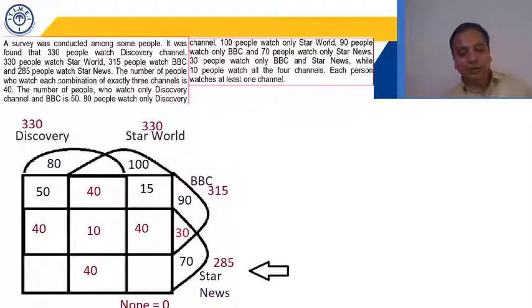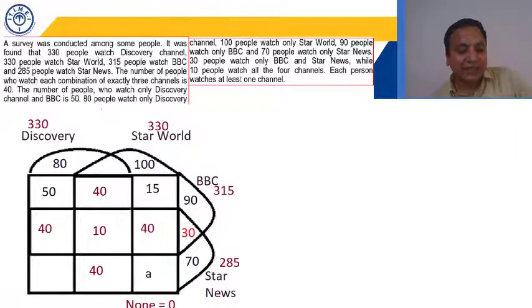Moving further, the sum for Star News is 285. 2 boxes are vacant. So we add all the values and subtract from 285, and we get the sum of these 2 boxes. 40 plus 40 plus 40 is 120. 10 plus 30 is again 40, which comes to 160. 160 plus 70 is 230. So 230 subtracted from 285 leaves 55. 55 is the sum of these 2 values.